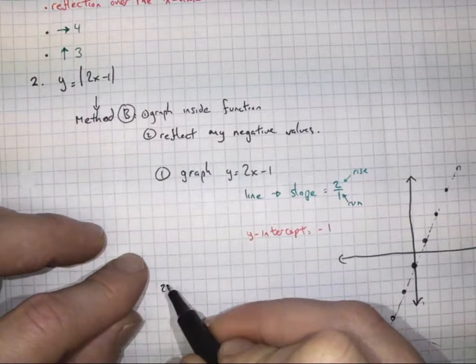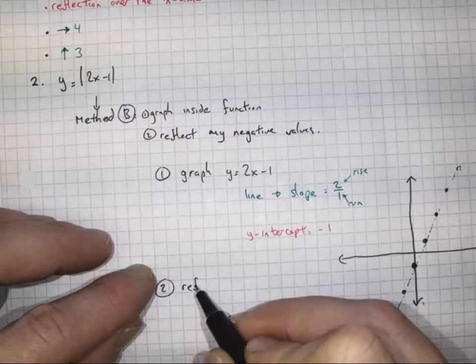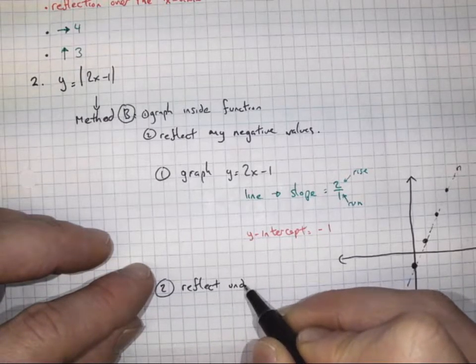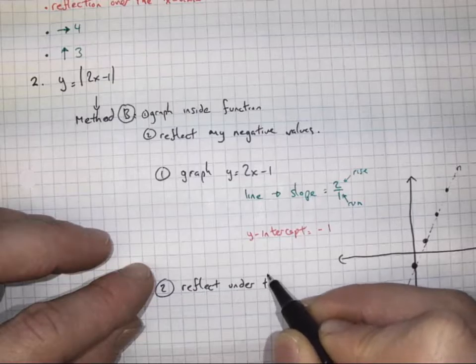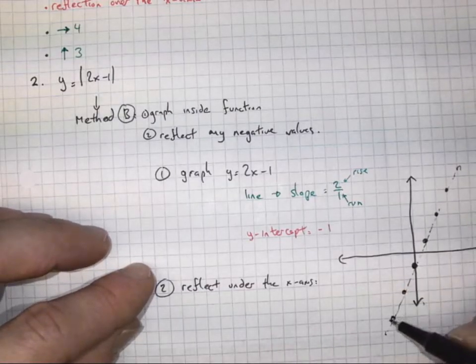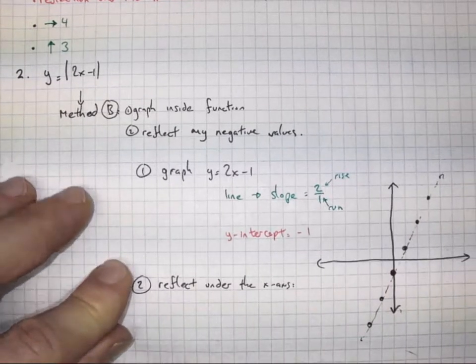Now, step 2 is I'm going to reflect under the x-axis. So I'm going to take all these values, I'm going to reflect them up.